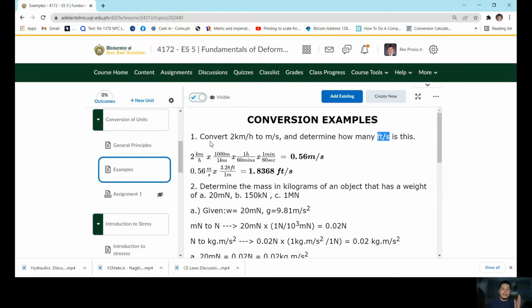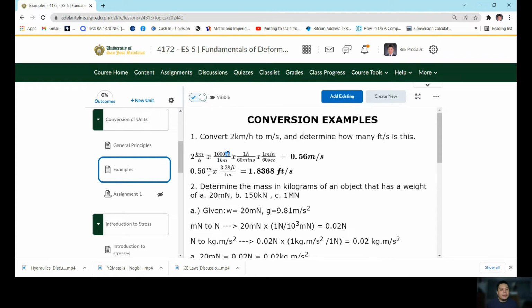So 2 kilometers per hour, we know that since k is 1,000, 1 kilometer is 1,000 meters. Therefore, we can go ahead and multiply 2 by 1,000 meters. 1,000 meters is equivalent to 1 kilometer, in which case we can cancel out km here and maintain the unit meters.